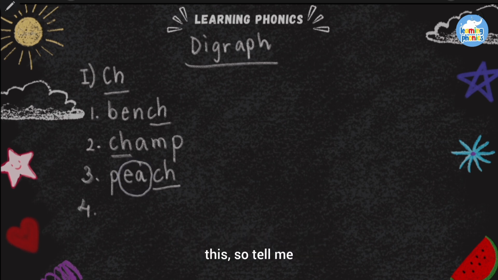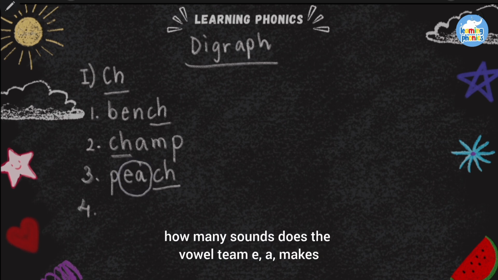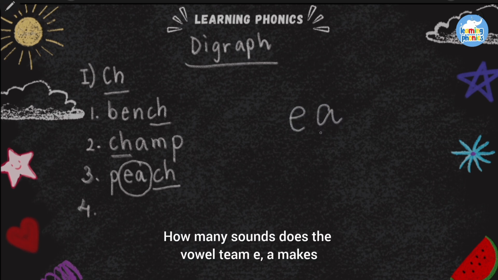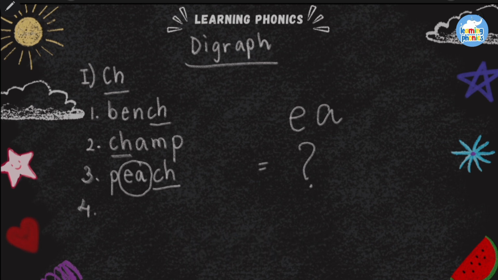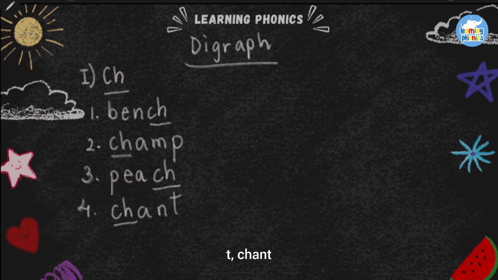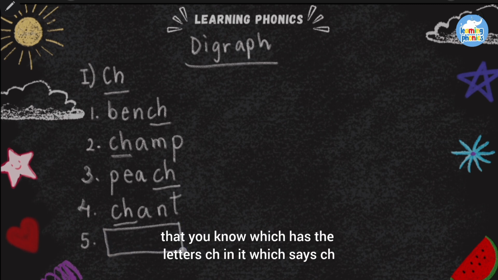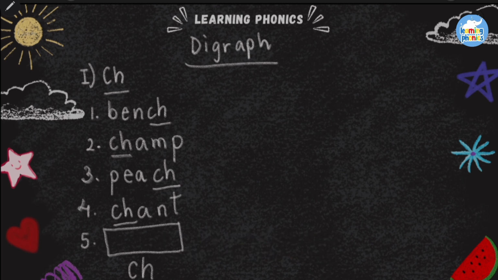So tell me, how many sounds does the vowel team EA make? Comment down below. Okay. Chant. And number 5, you can tell me all the words that you know which have the letters CH in it, which says ch. Okay.